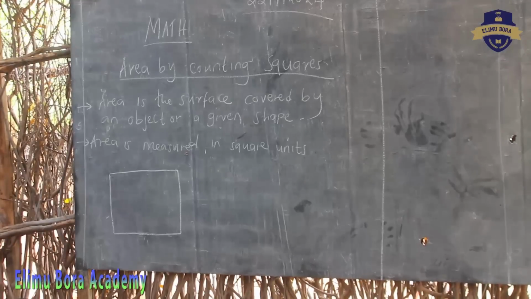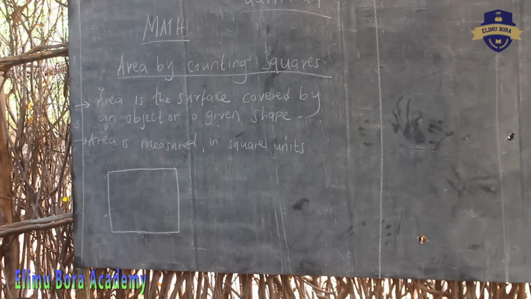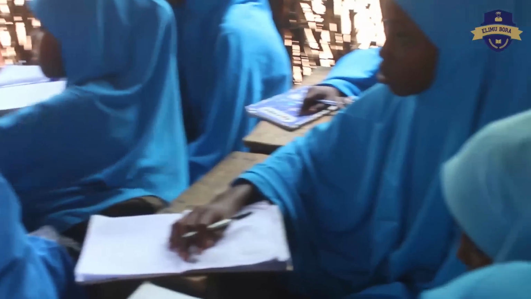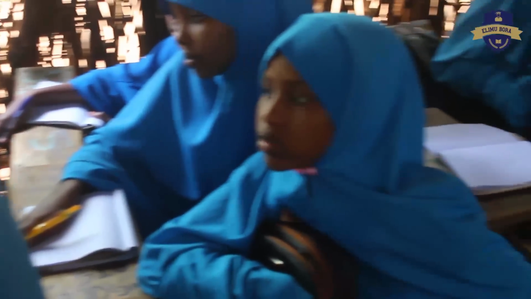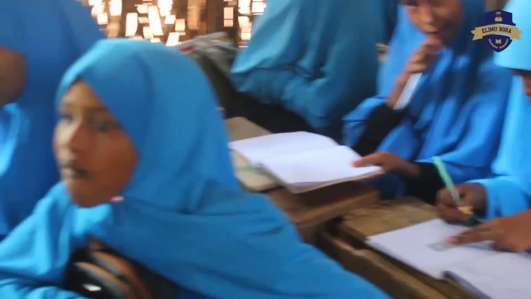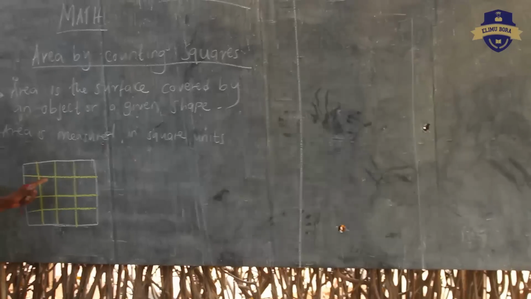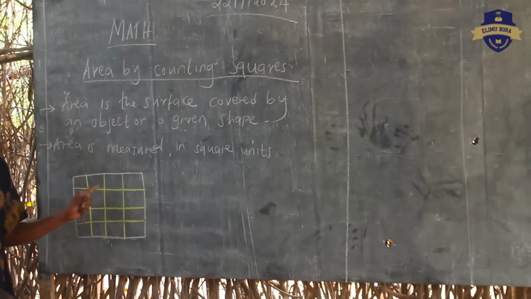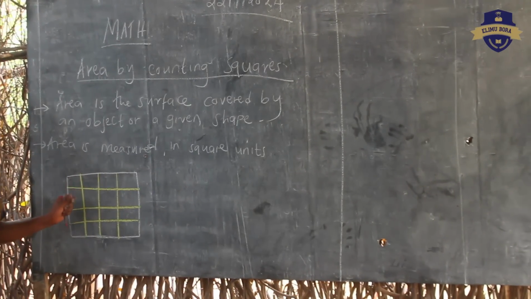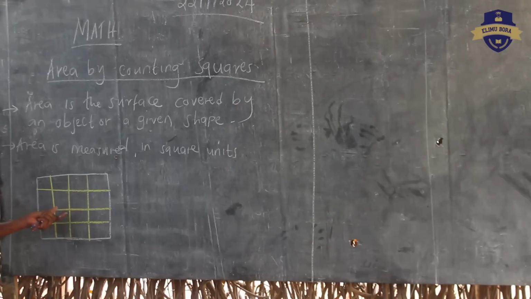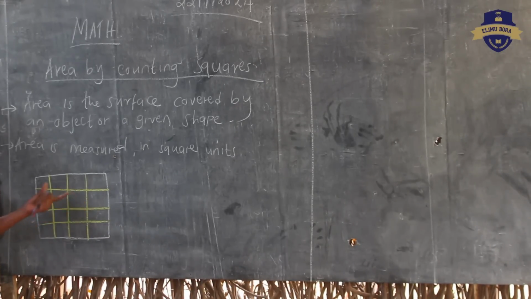In this big square, we are going to draw smaller squares like these. I now want us to tell the area that has been covered by these small squares, and we are going to tell the area by simply counting the number of small squares in this big square.